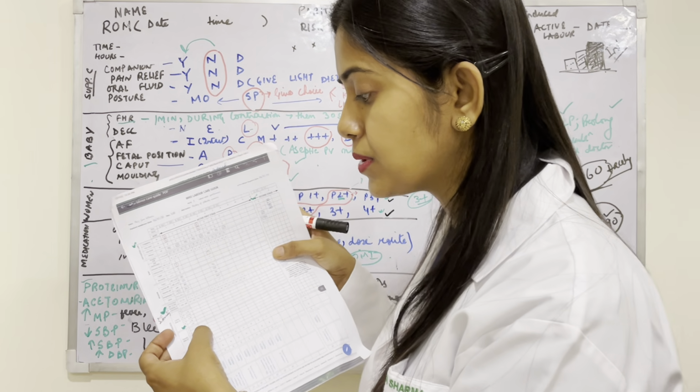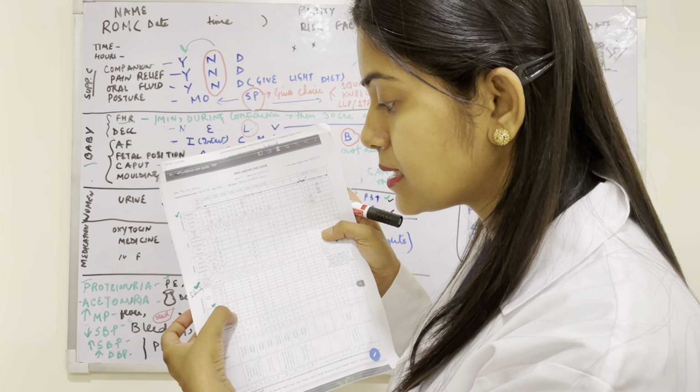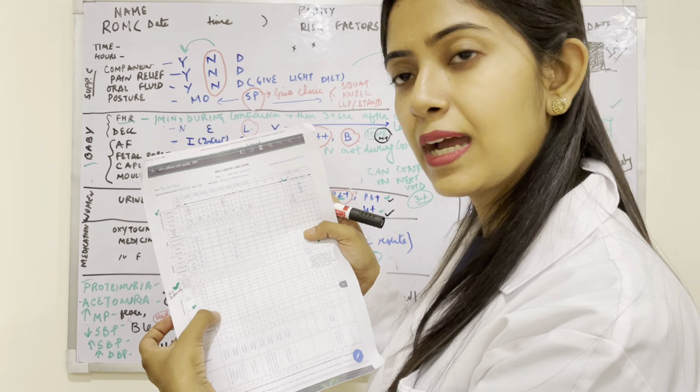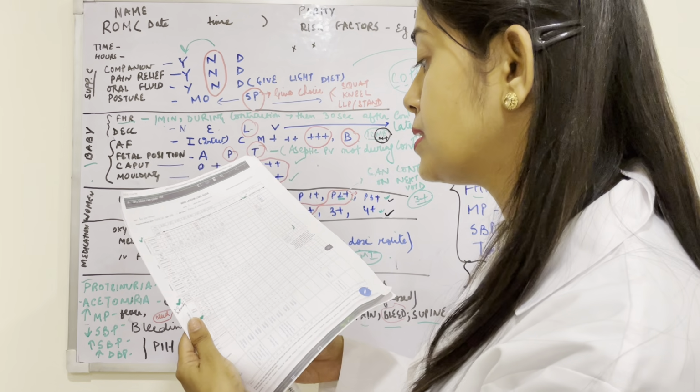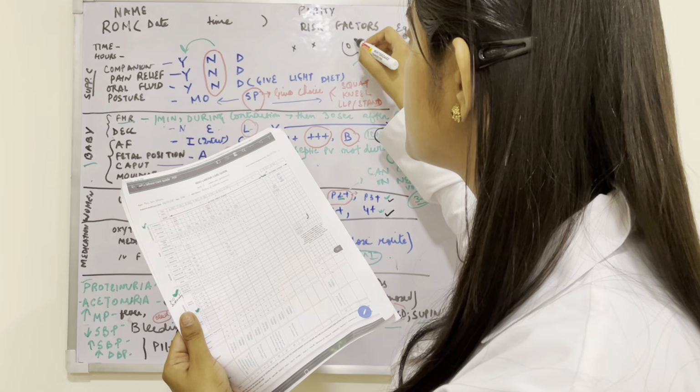Similarly, you can see when the lady had come at 6 a.m. with 5 centimeters dilatation, 4/5 of the head was palpable. So the descent is usually marked as a 0.